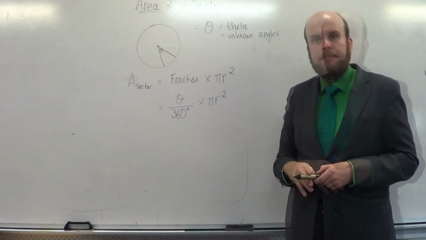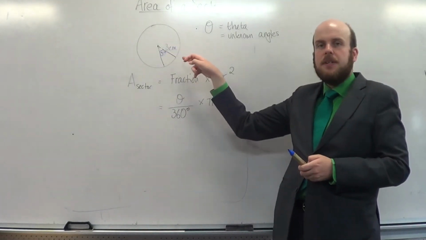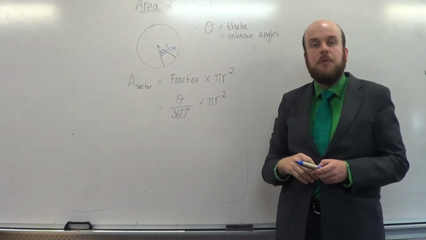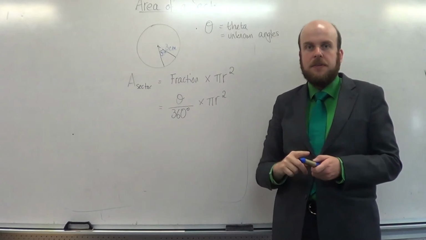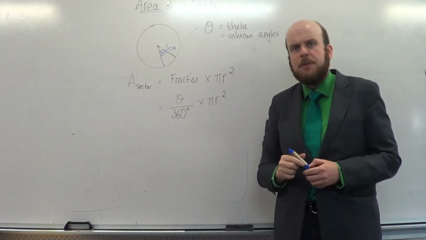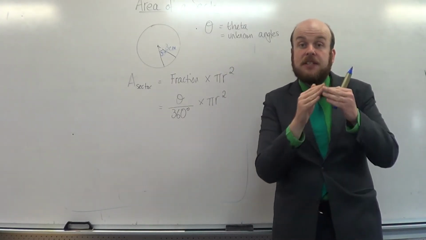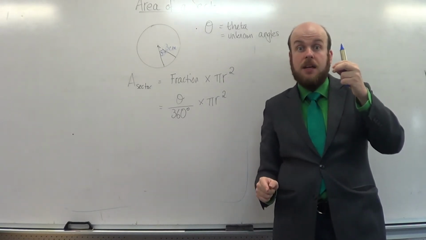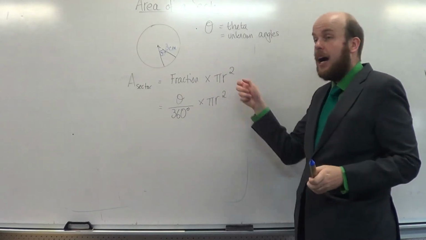Let's do an example. We've got this distance here is 3 centimeters, and the 80 degrees is the angle inside. What does the 3 centimeters represent? Well, if it's a line going from the inside of the circle right to the outside, that's a radius. That'll be r.